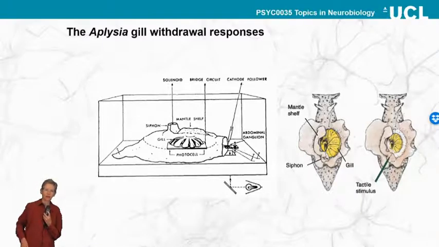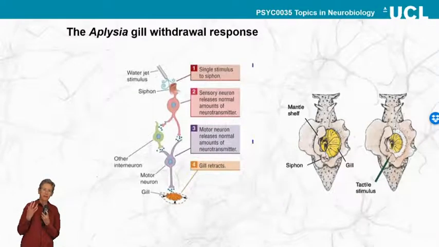Now, Kandel and his colleagues showed that if you repeatedly stimulate the siphon, then the gill withdrawal response will decrease. And they showed that this habituation of the reflex depends on a change in this chain of neurons. You can see here the layout of the neurons, starting with sensory neurons at one end and motor neurons at the other end.